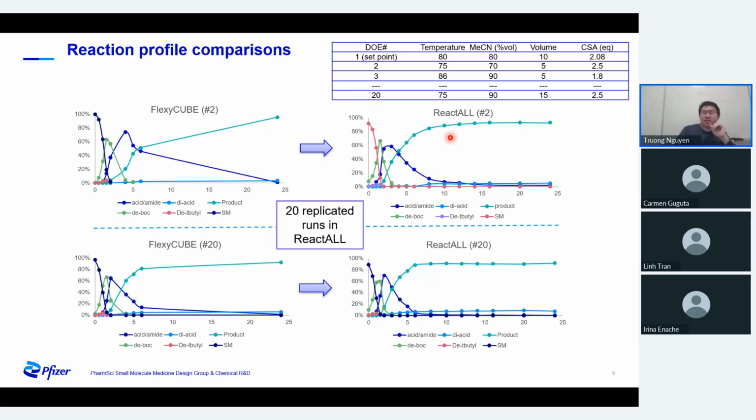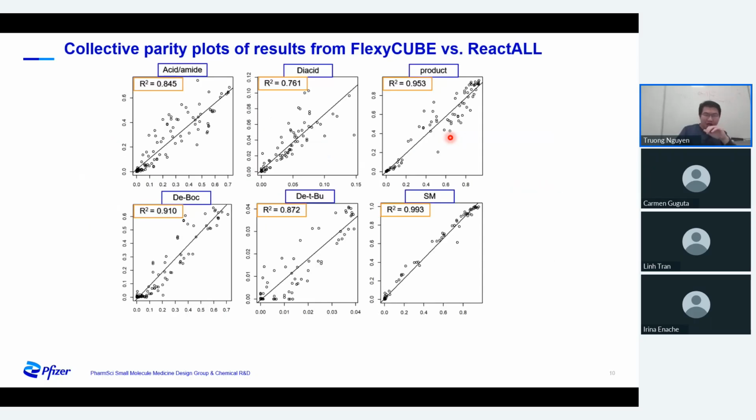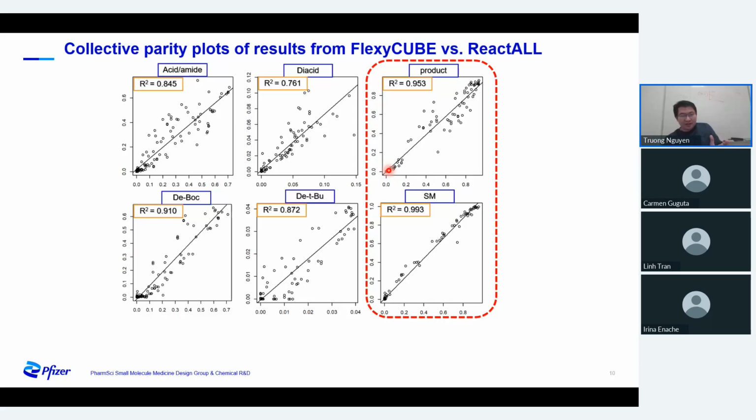So this is the parity plot, basically the alignment between the data sets from the FlexCube and from the ReactALL. First of all, if you take a look at the product and starting material, it actually has very good alignment. So, basically this is exactly what we need.